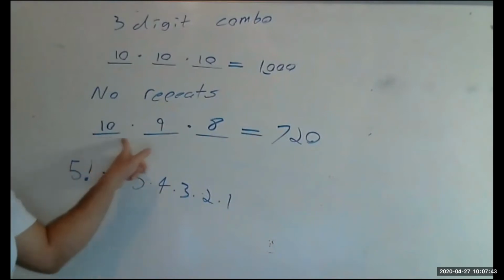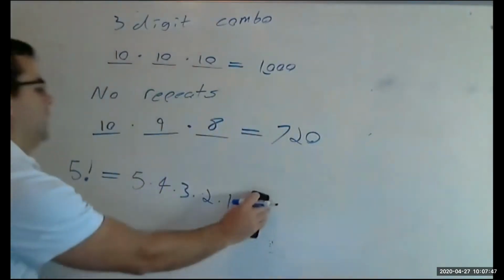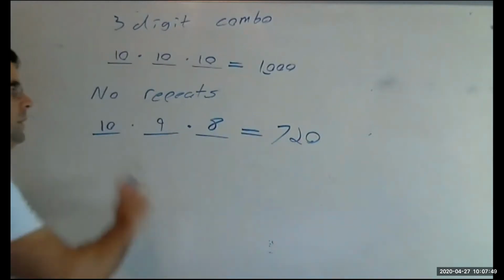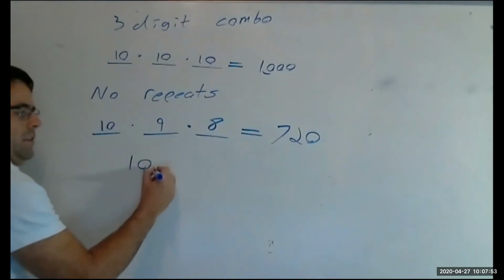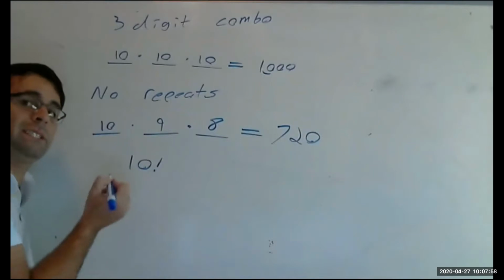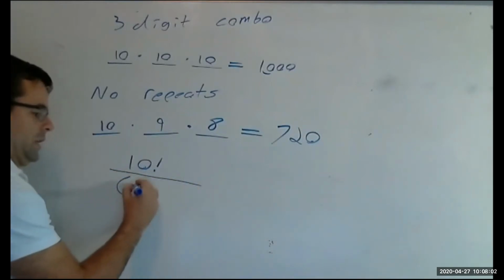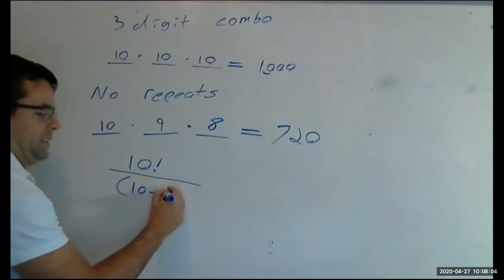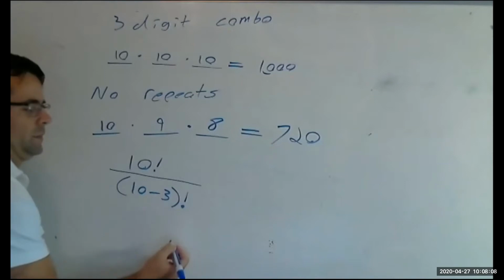This is a little bit different. This is 10 factorial, but there's only 3 spots. So you divide it by 10 minus 3 factorial.